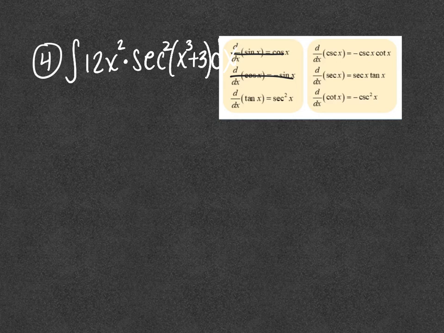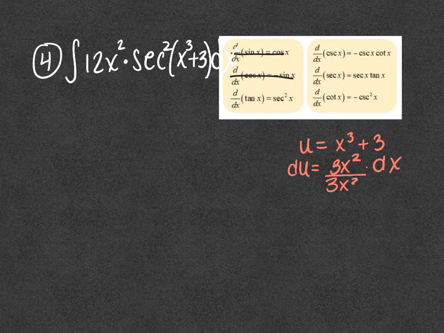We're going to let u equal the stuff that's inside the parentheses. So u is x to the third plus 3. du, we take our derivative, which is 3x squared times dx, and then we solve for dx. So divide by 3x squared. So dx is du over 3x squared.